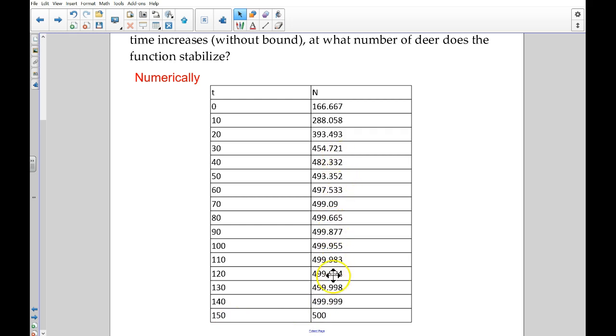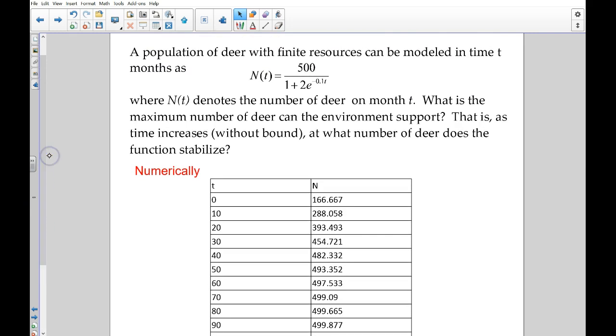It looks like it would continue, and we could even go back into Excel and extend this table further. But right now, Excel is telling us that it's approaching 500 deer. So that is one approach for answering a question like this: to tackle it numerically.